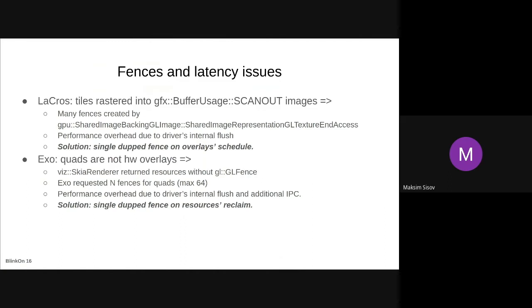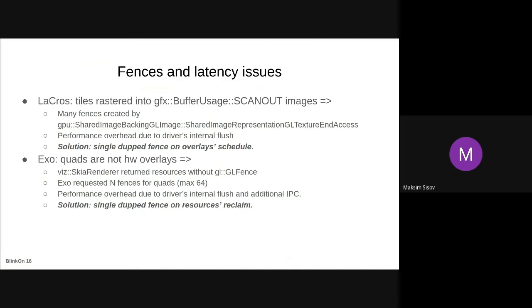As Peter said, we had some other CPU overhead problems when delegated compositing was enabled. The first problem was fences that were created for each raster tile texture. In case of heavy load, there could be up to 64 fences created for each quad. Why 64? Because there is a trade-off between delegating all these quads as overlays or compositing them on the Lacros side, and 64 quads is the number that we currently use as the threshold.